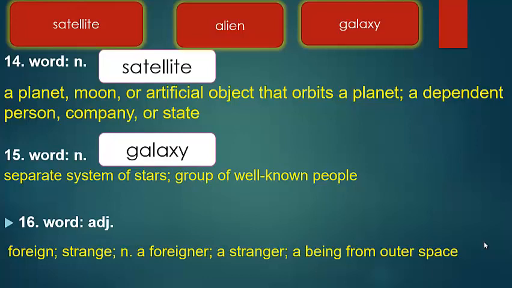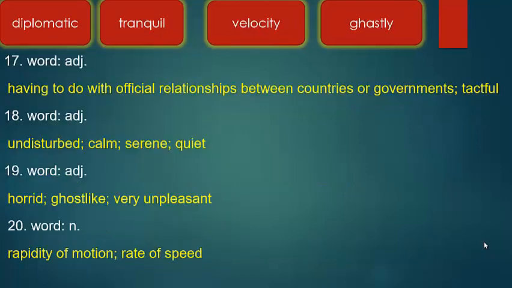16. Foreign, strange. As a noun it means foreigner, stranger, or being from outer space. As an adjective it means foreign or strange, which is alien. 17. Having to do with official relationships between countries or governments, tactful.